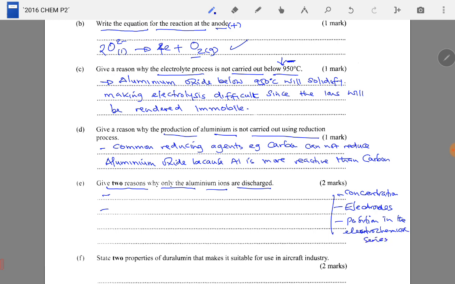Yes, if these are the factors, then here aluminium ions are the most concentrated in the liquid, in the electrolyte, sorry.